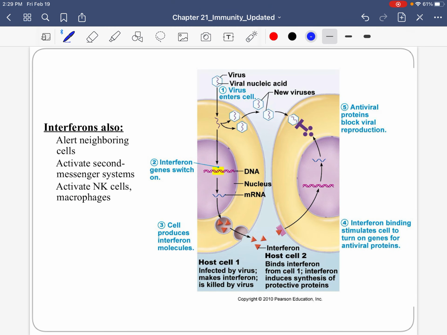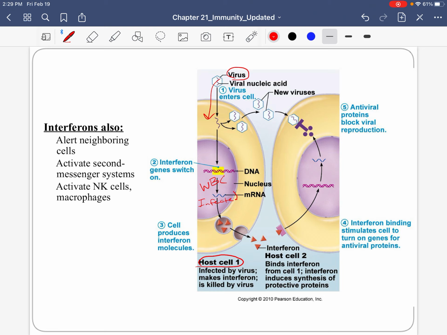Here is a visual representation, maybe if you like visual things. So, here we see cell 1. This is the white blood cell that's infected, right? The virus has come in, taken it over. So this cell on the left, it's going to die.